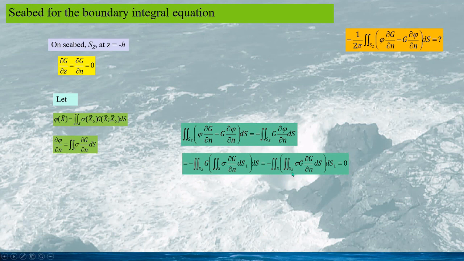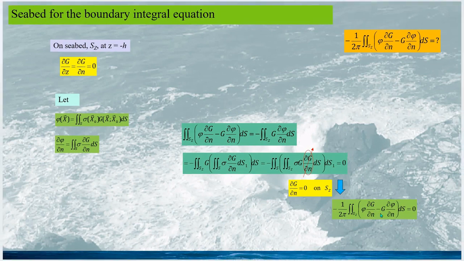So for the integration on SZ, we can see here, because the Green function satisfies the seabed condition, this term would become 0. So the integration on the surface SZ would be 0. Thus, the term of the integration on SZ would be 0 because of the special Green function.